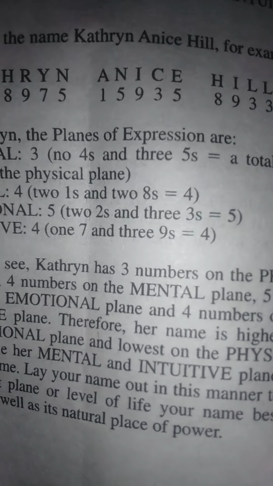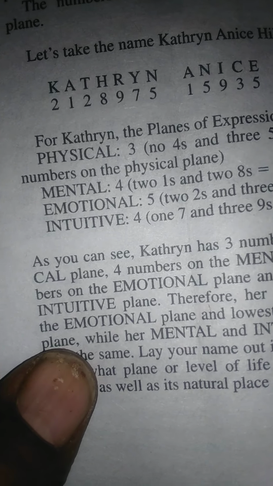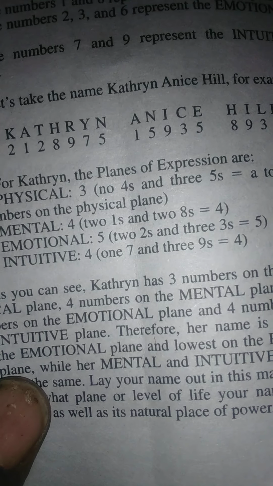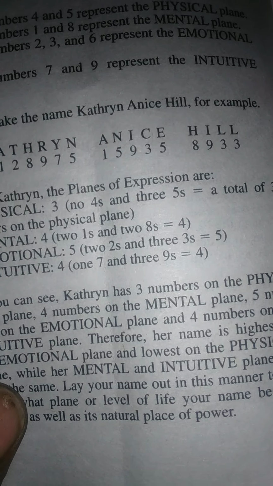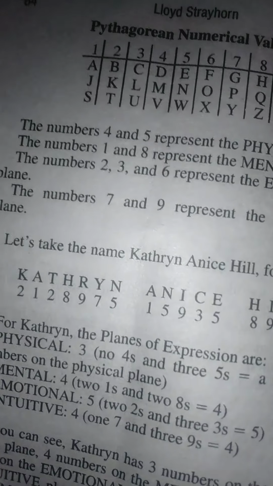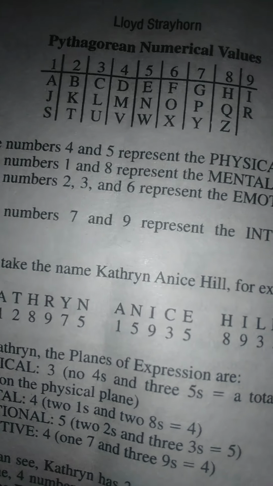It's heavily emotional. Intuitive: 1 7 and 3 9s equal 4. I'll go up here to 7 and the 9s, intuitive. Count as 1 7 there. It's 2 9s. It shows the level of intuitiveness.